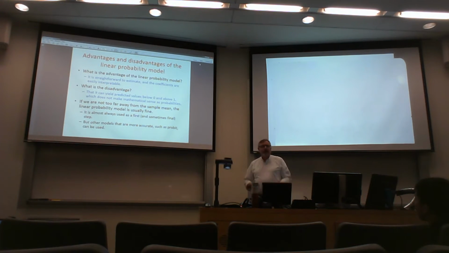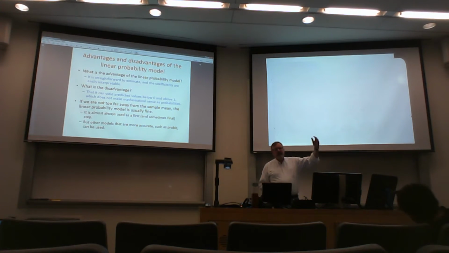Now, if you use a standard linear regression with binary, categorical, dependent data, well, mechanically you can do it. You can code yes as 1, no as 0, owns a house as 1, does not as 0, and you can make Stata run the regression.